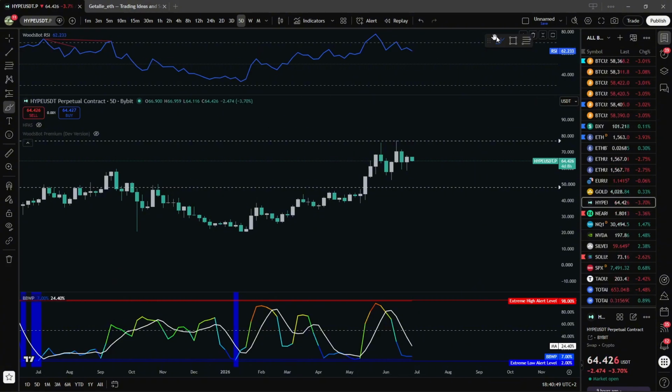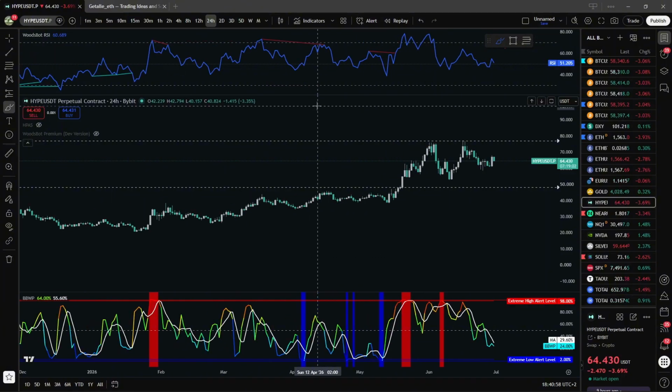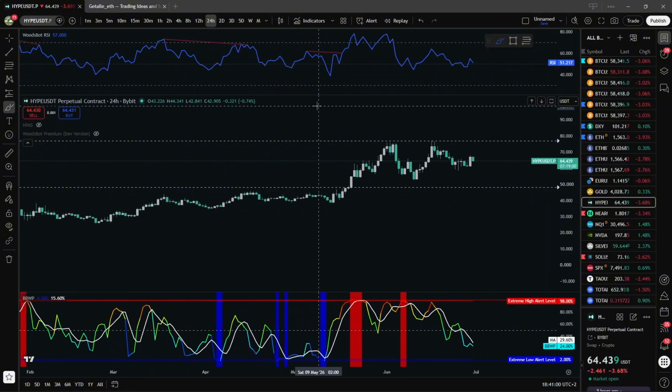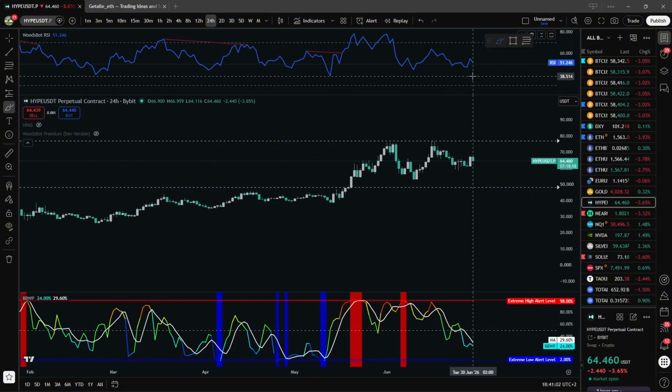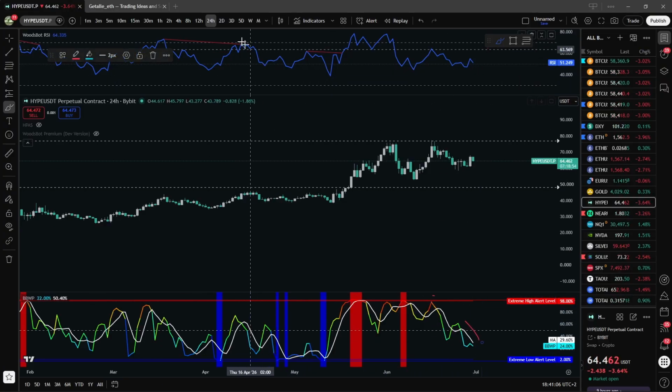On the 5-day, we see the same thing. The RSI momentum is still rejecting. How's the daily looking? Daily finally accepted above the 50 mark. Volatility is still decreasing. So on every major higher time frame, volatility is decreasing at the moment.